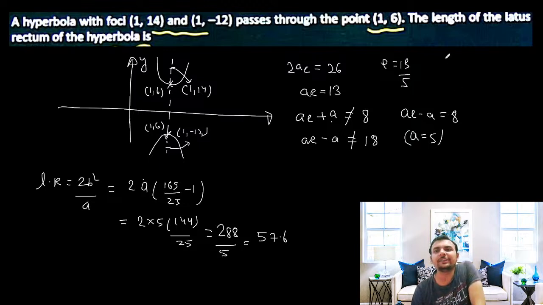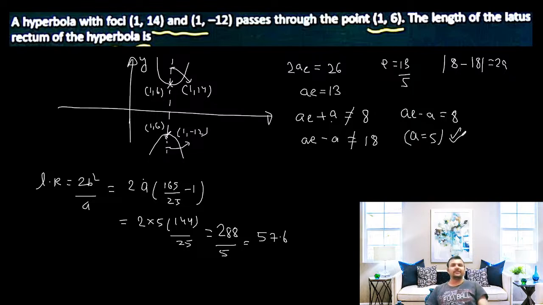And one thing we know is that the distance of 1 comma 6 from this focus is 8, minus the distance of this from this is 18, which is equal to 2a. So a is equal to 5. Yes, that we got it. A equal to 5.